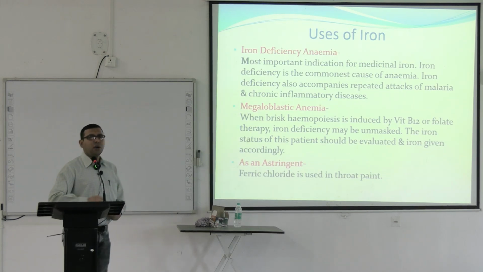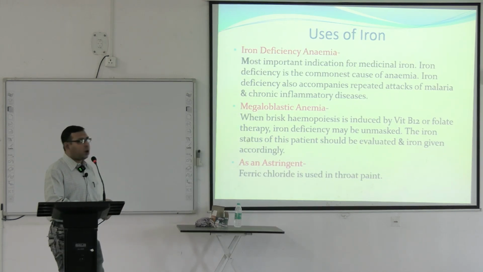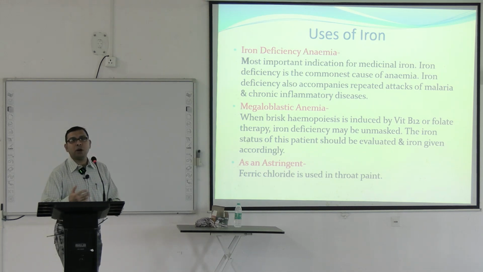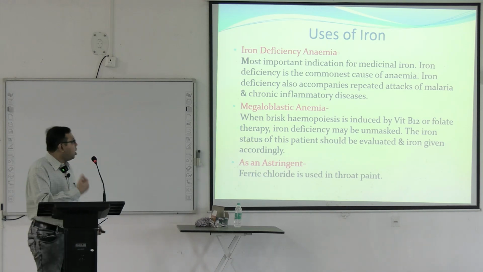Now, the uses of iron in iron deficiency anemia we already know. The most important indications: iron deficiency also accompanies repeated attacks of malaria and chronic inflammatory diseases. When patients have an acute disease, or a chronic disease for a long time, hemoglobin is usually tested, and in most cases there may be some iron deficiency anemia, so we have to correct this.